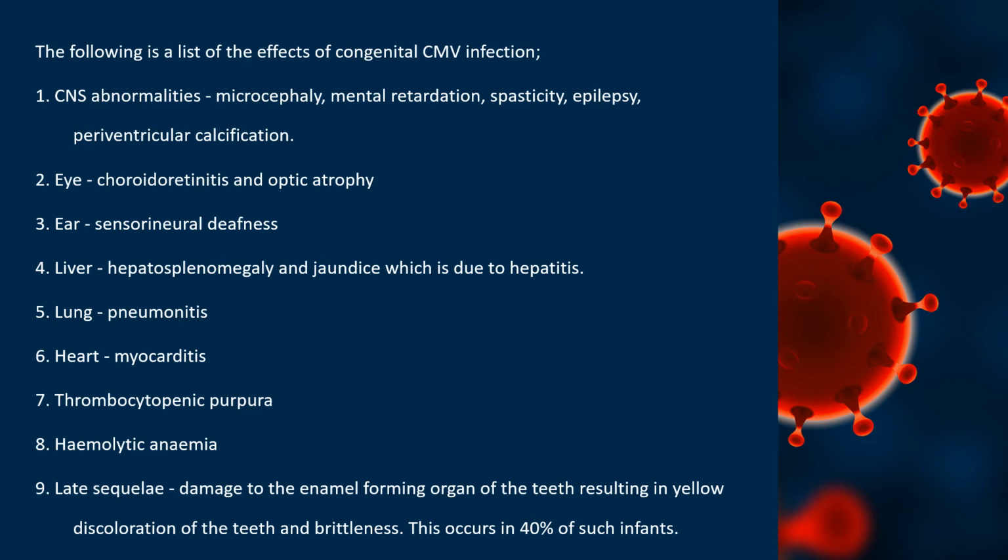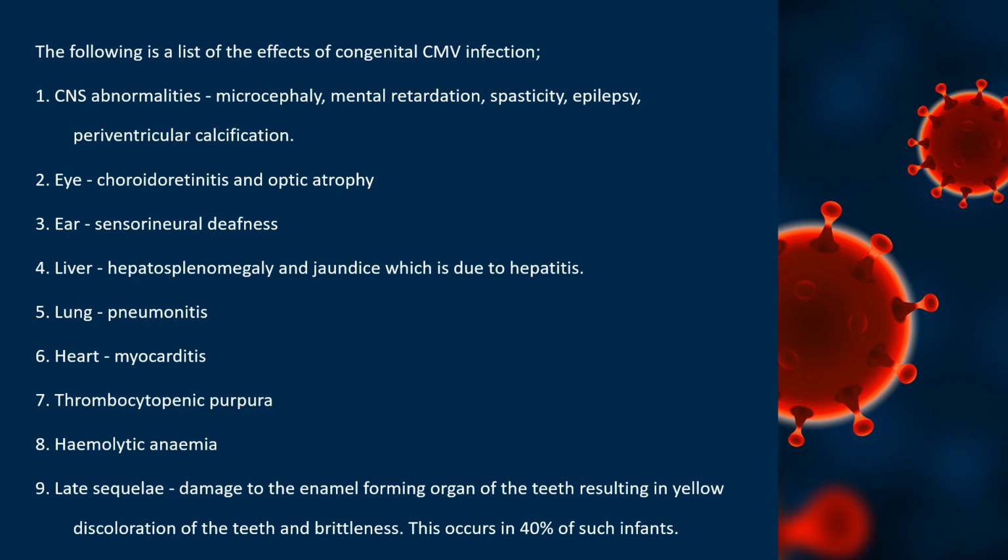They are as follows. One is the central nervous system abnormalities, which cause microcephaly, that means a smaller head. Actually, the head will form in a smaller size than normal. Then mental retardation, that is, immature mental growth.